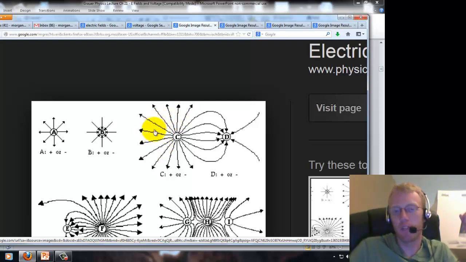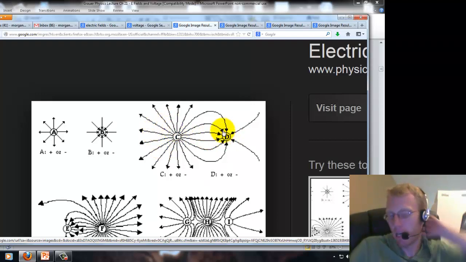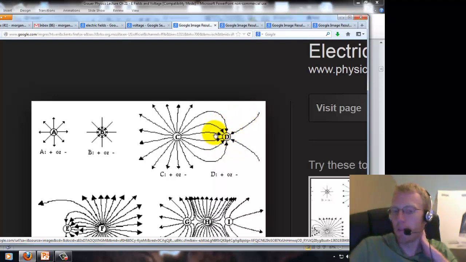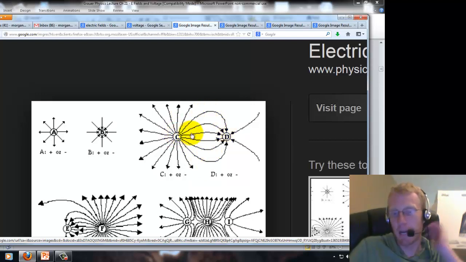So if the positive charge is over here, it's very close to this positive, and it's going to repel in almost a straight line, because this one is so far away it has a small effect. Likewise, if it's over here, it's going to get pulled inward in mostly a straight line because this one has a small effect. But if you're in between, you're feeling the effect of both of these combined.